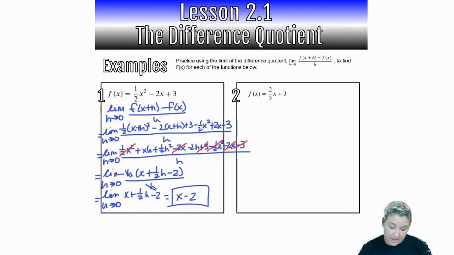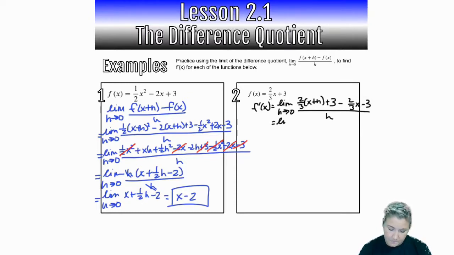All right, so we're going to find f prime of x here. So that's going to be the limit as h approaches 0 of 2/3 times x plus h plus 3 minus 2/3 x minus 3, all divided by h.